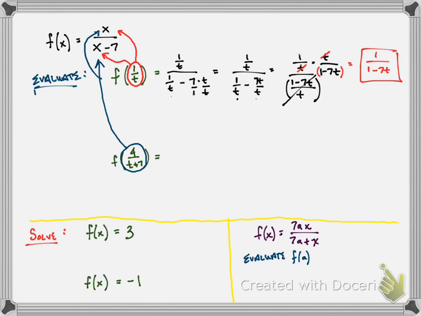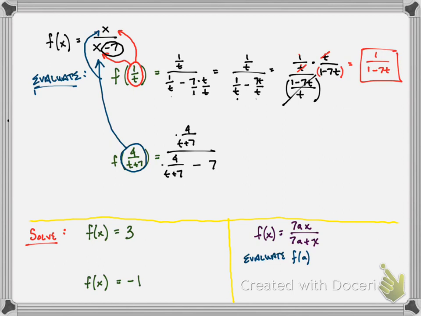So in this case, we'll get 4 over t plus 7 over 4 over t plus 7, minus 7. That minus 7 is coming from here. So there's our input, and then subtract 7.